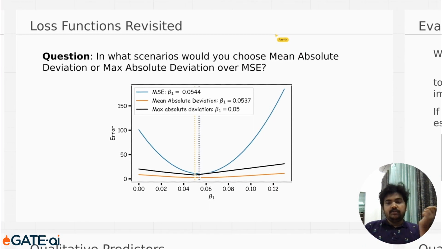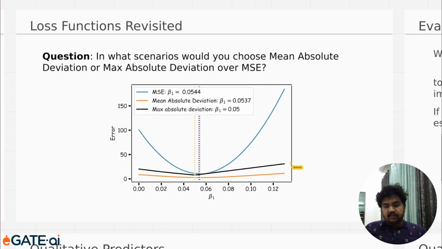In what scenarios would you choose mean absolute deviation or max absolute deviation? You can say that there is this max absolute deviation which is in the middle, and there is this orange which is the mean absolute deviation, right?